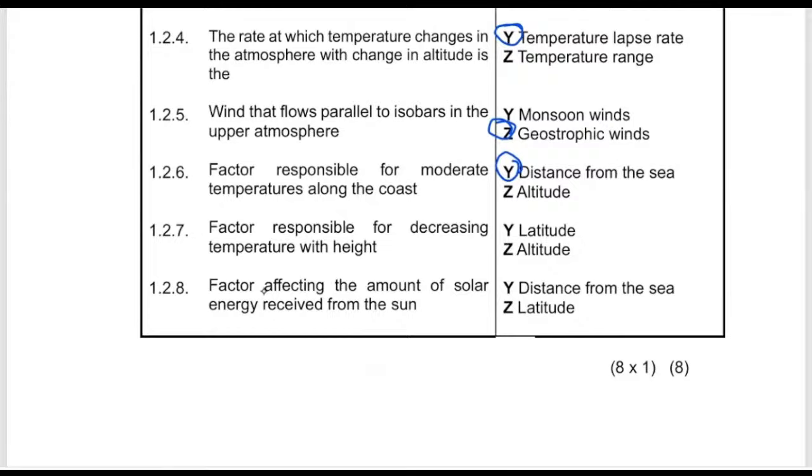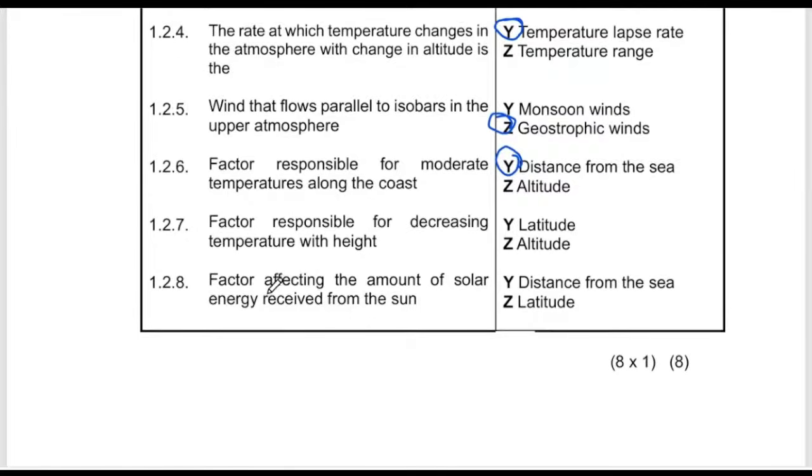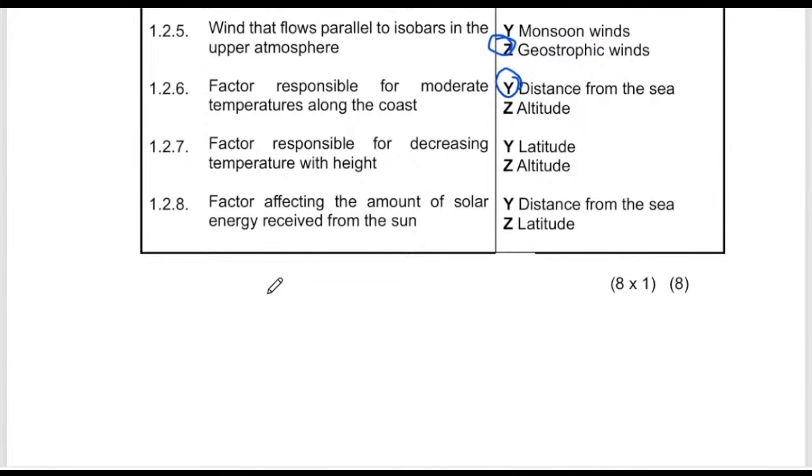Why? We have cool summers for coastal areas, and also we have warmer winters. Why? Because of the moderating effect which is brought by the ocean. So we have typical maritime climatic conditions for such regions, and that is a factor of distance from the sea.